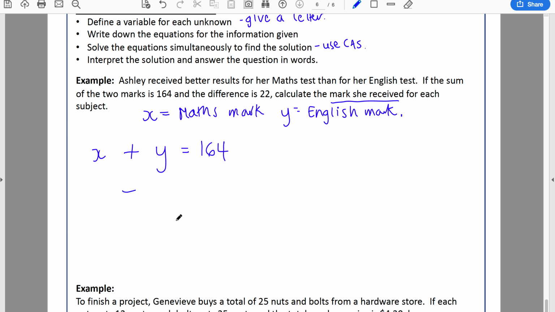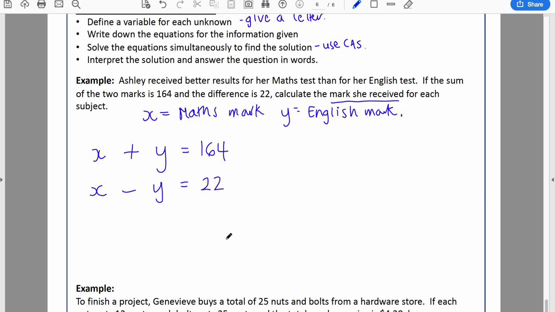Difference refers to subtraction. Now it says she got better results for maths, so that means I'll put maths first. Maths is higher than English. I have to do that because otherwise I'd get a negative if I did the difference. If I did her English mark take away her maths mark, I'd get a negative number. This is telling me the difference is 22.